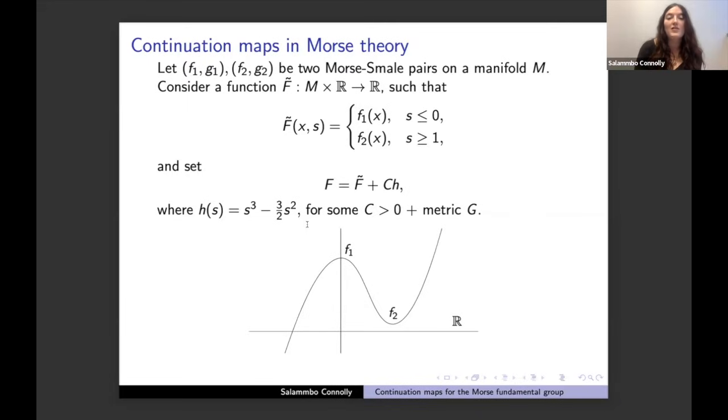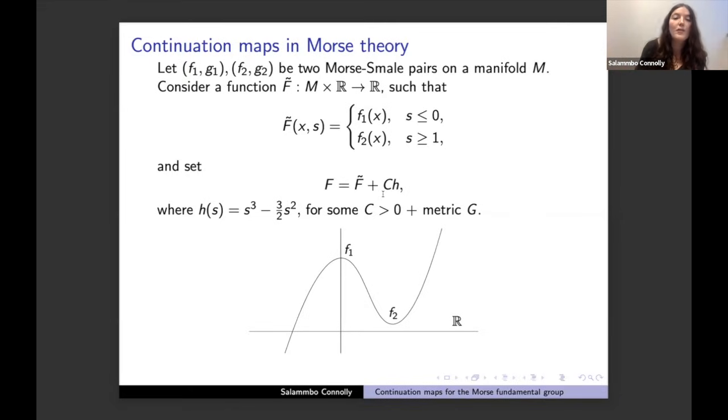So typically in Morse theory, the continuation maps are defined by looking at functions. If you have two Morse-Smale pairs, you take a function on M times R, which before 0 is going to be equal to f1, and then after 1 is going to be equal to f2.